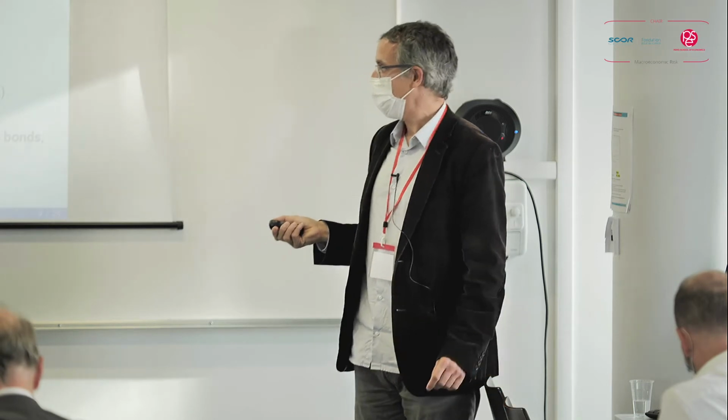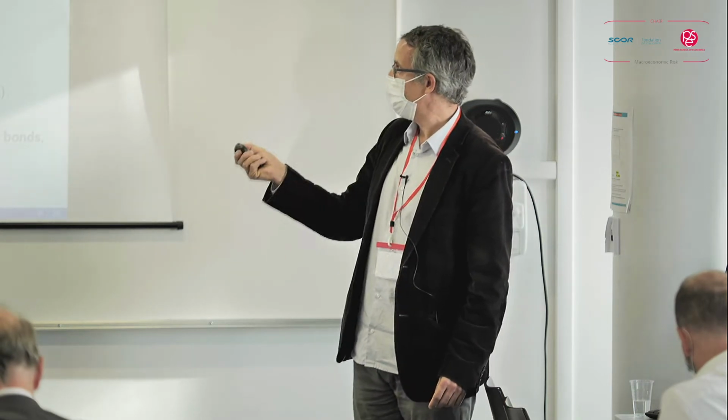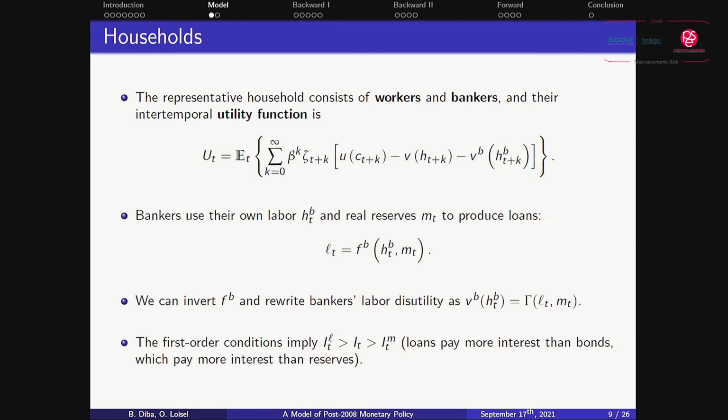So we can invert this function FB and rewrite the banker's labor disutility, the last term in this utility function, as a function capital Gamma of loans and real reserves. Positive function of loans, negative function of real reserves.